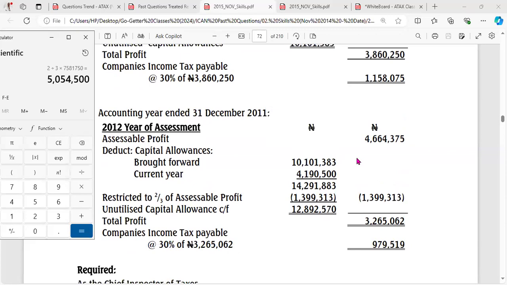Right? Then you have capital allowances here brought for the year. It becomes 14 million. But when you look up 2/3 of 4 million, you have 1.399, which is what is claimable. And you have your tax payable as 979,519.